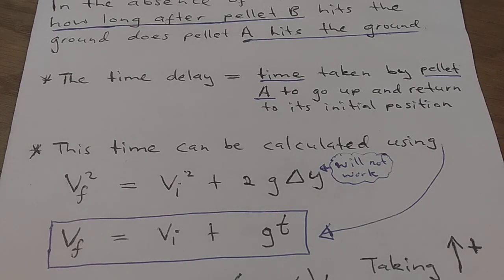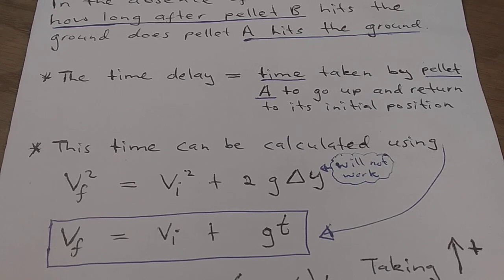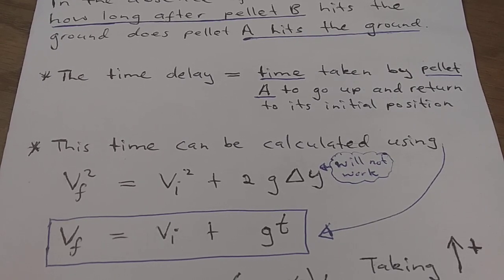So in the absence of air resistance, after how long after pellet B hits the ground does pellet A hit the ground? That's what we want to calculate. The time delay is the one which we are calculating, and we found the final velocity when pellet A reached back to the original position.